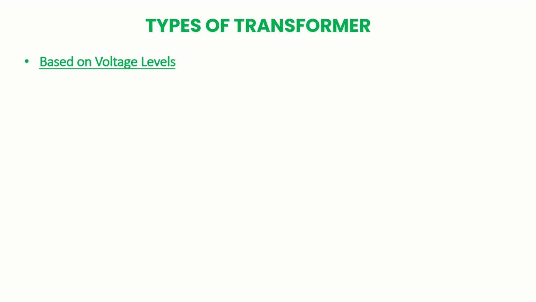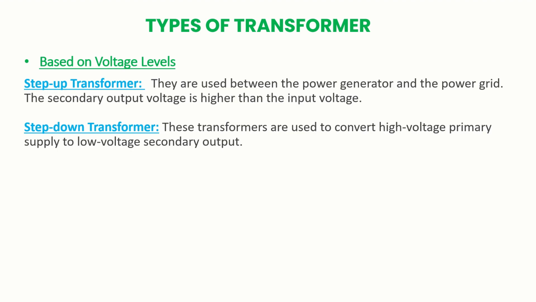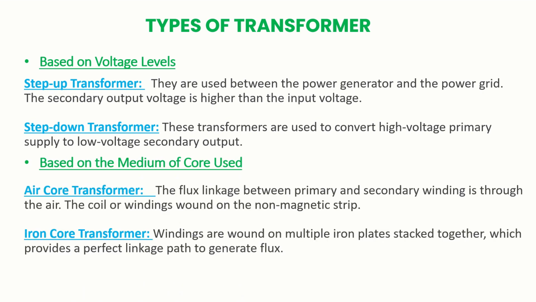So type of transformer based on voltage levels. As I told, step up transformer or step down transformer on the basis of voltage levels, 33 kV, 66 kV, like that. Based on medium of cores used. So air cooled transformer or iron core transformer. The flux link between primary and secondary winding is through the air.